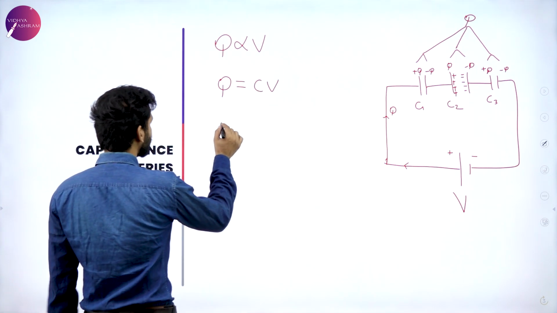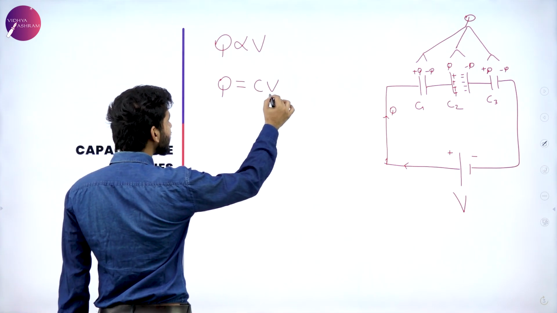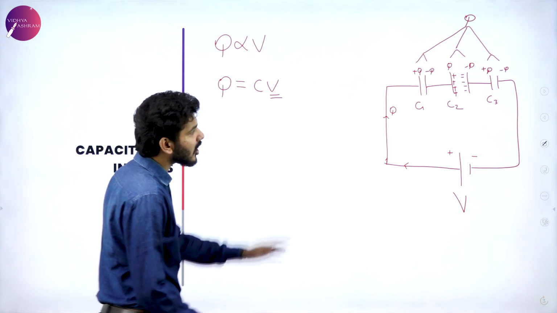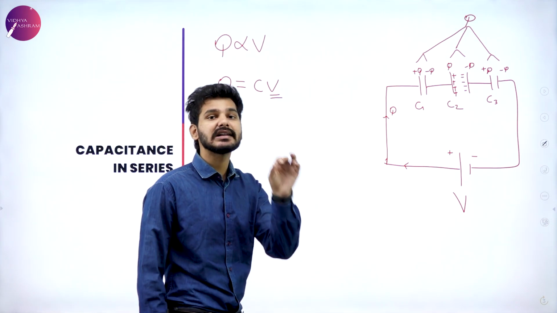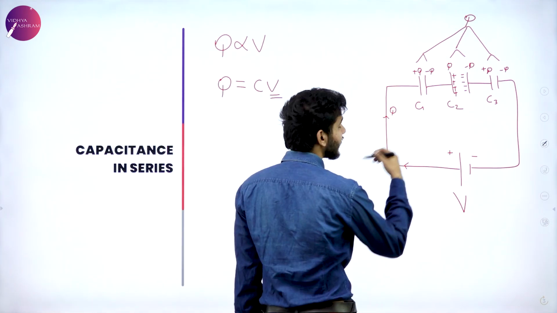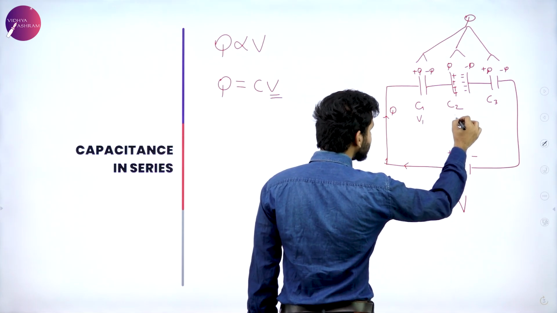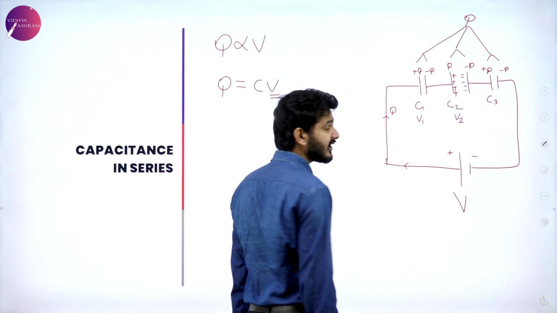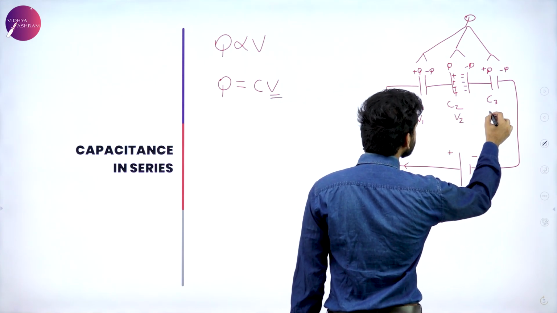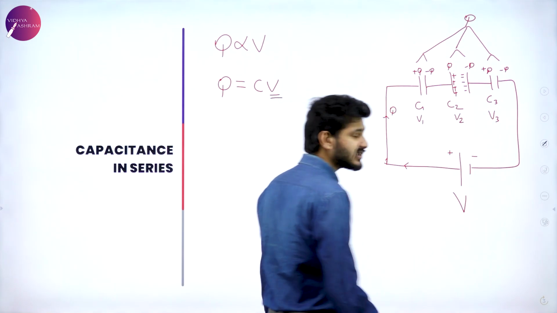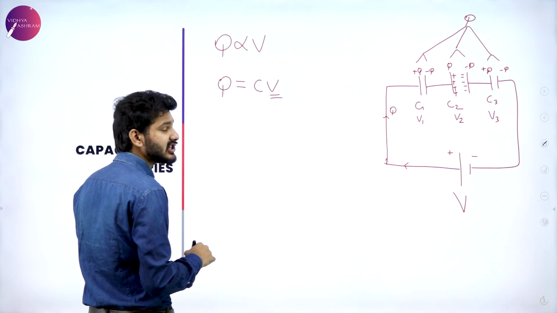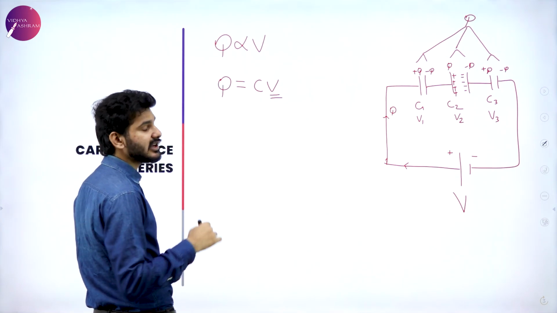So we know that Q is not changing, but the potential across all of these capacitors is different. Initially for capacitor C1, the potential is V1. For capacitor C2, the potential is V2, and finally for capacitor C3, the potential is V3, which means that Q is not changing, V is the only quantity which is changing.